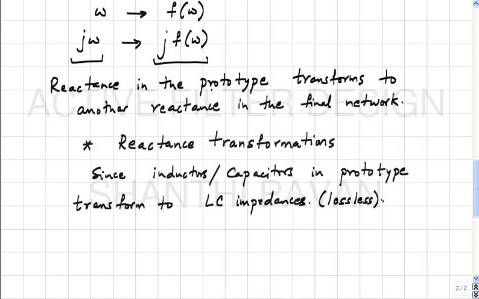So, in other words, the conditions on f of omega which make it realizable are equivalent to studying the properties of lossless LC networks, because we are going to replace the L with some j times f of omega, which means that it must be lossless, which means that if it is to be physically realizable, it must be realized as a combination of L and C, which means that studying the properties of f of omega is equivalent to studying the properties of the driving point impedance or the admittance of a lossless LC network. Is this clear? Okay.